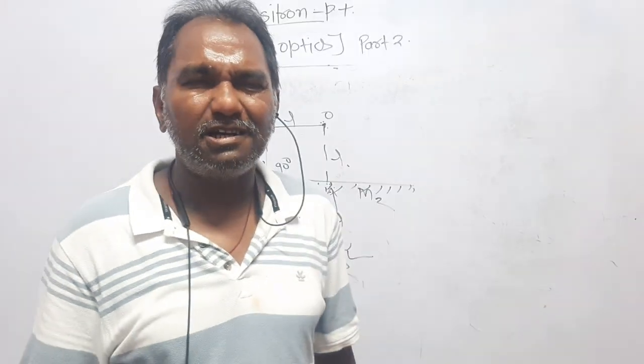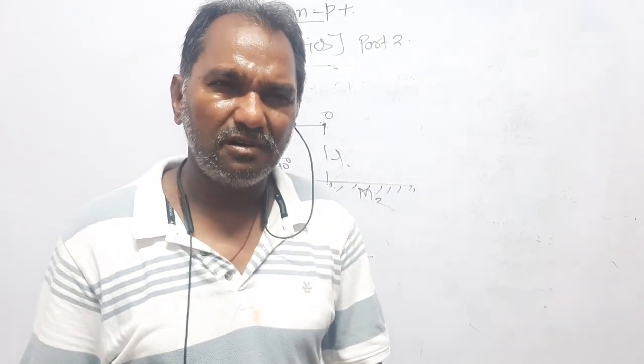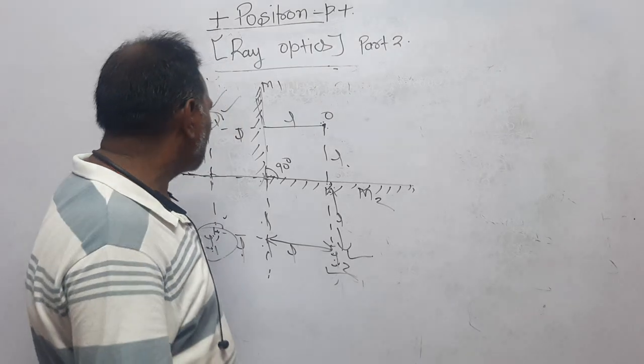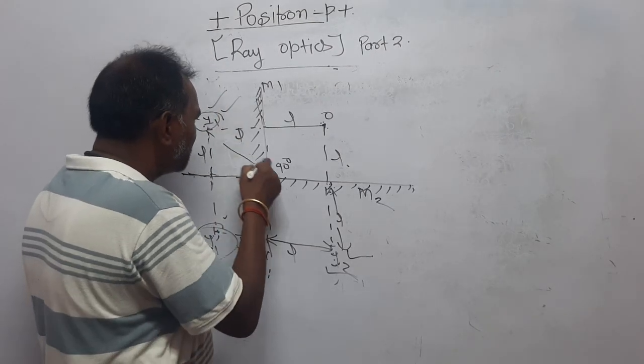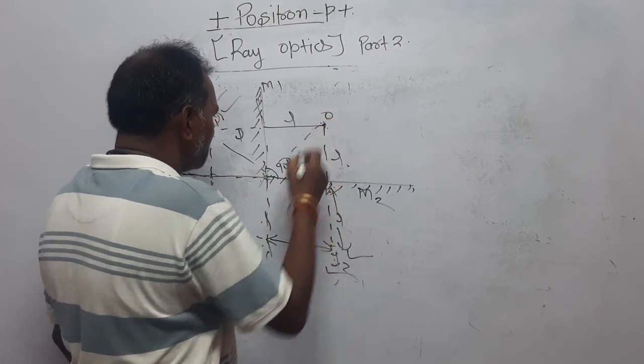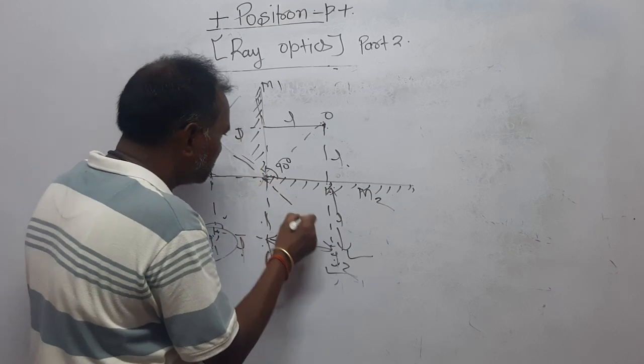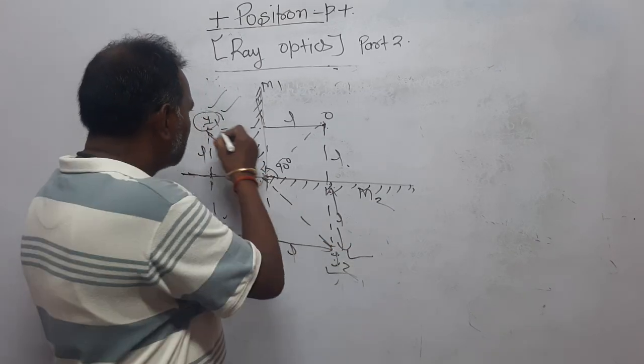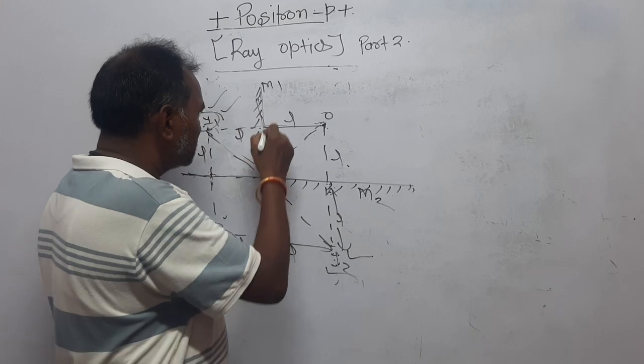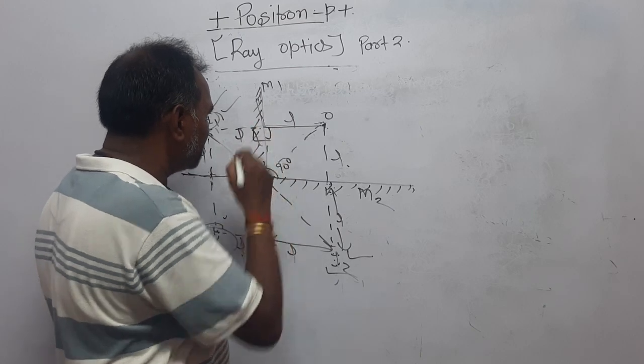You can also apply the spherical concept, and it's very simple. Look here, dear students, just draw this simple geometry. Between these two, this is 90 degrees, this is 90 degrees.